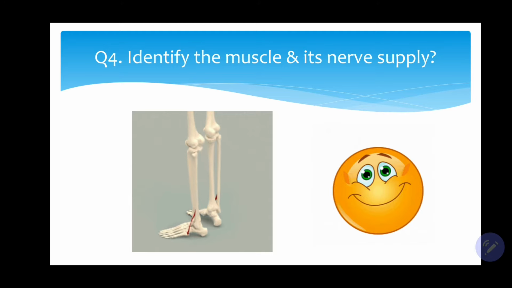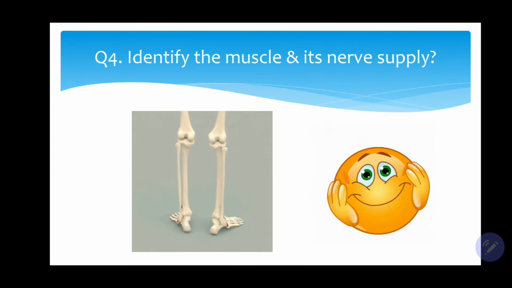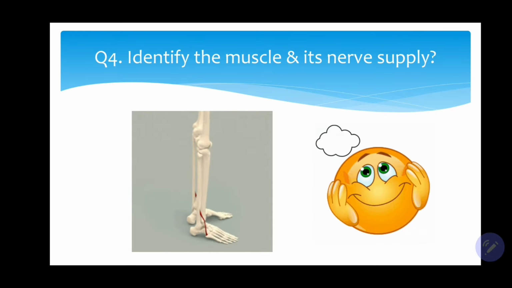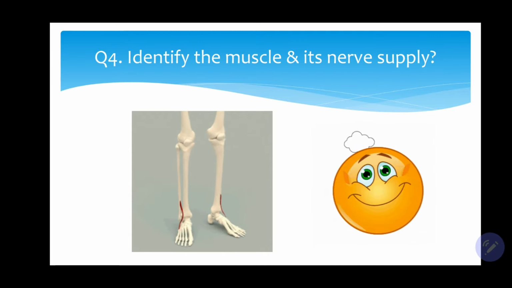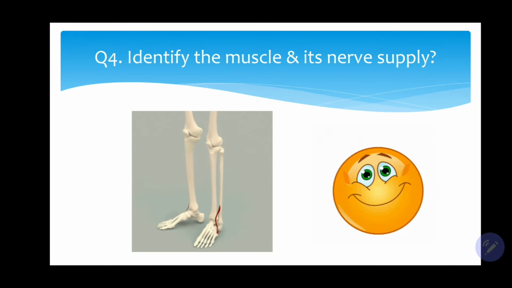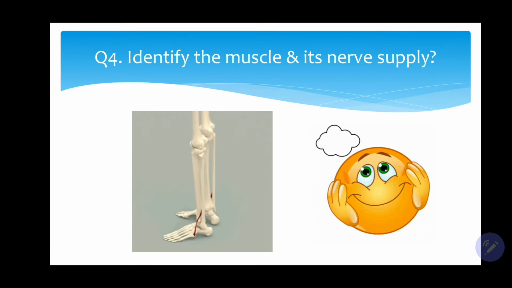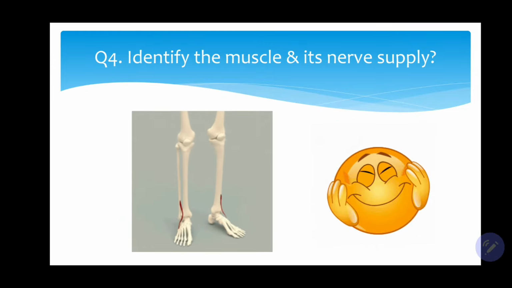Got it? So the nerve supply, you know, is the deep peroneal nerve, and the action will of course be dorsiflexion of the ankle, as well as it will also assist in eversion of the foot, just like the other peroneal muscles. Okay.